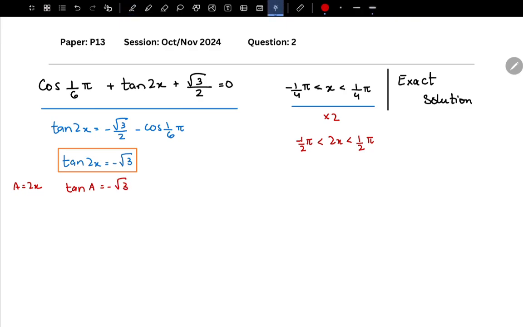And we also know that we have a negative value, so we need to ignore that because we will be covering that in the graph. So a will be equal to tan inverse of root 3. This will give us the alpha value of 1 upon 3 pi.